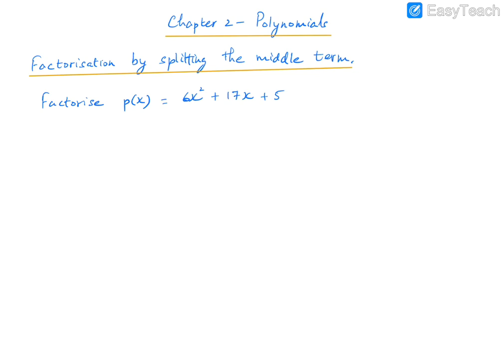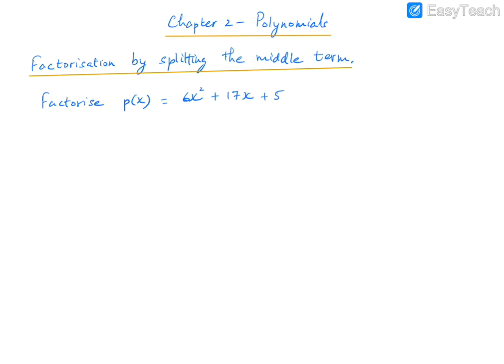So what is the method of splitting this middle term? This is a polynomial which takes the general form of ax squared plus bx plus c. In this case, a is 6, b is 17, and c is 5.